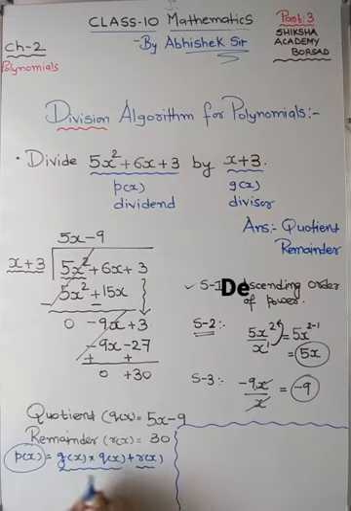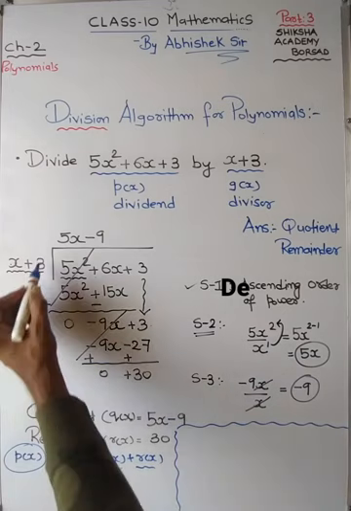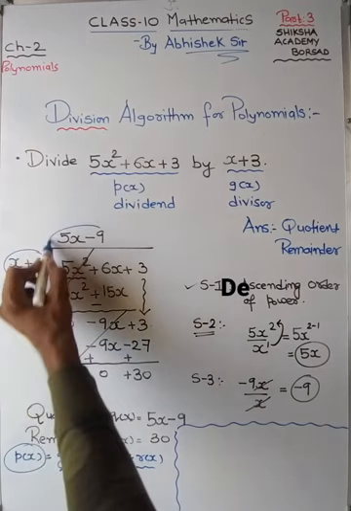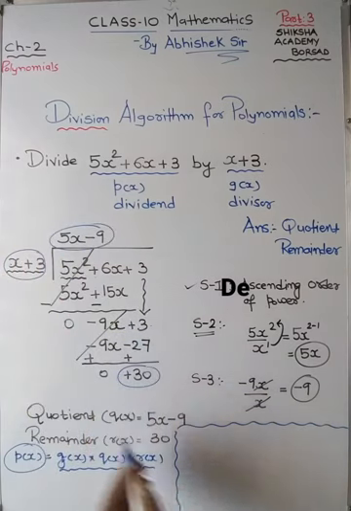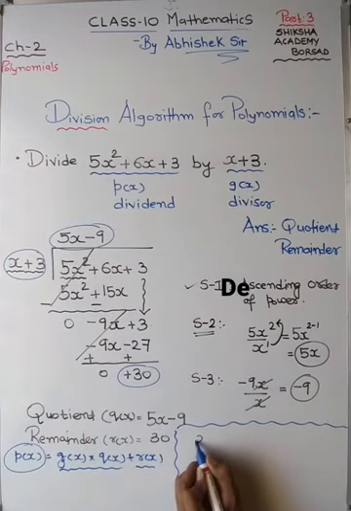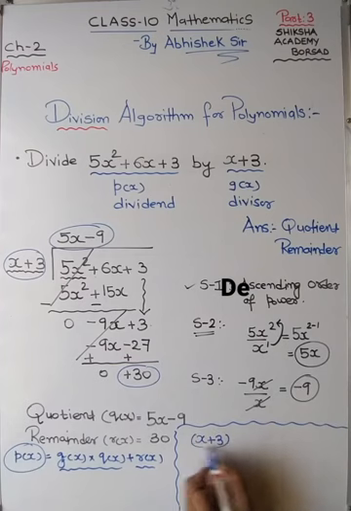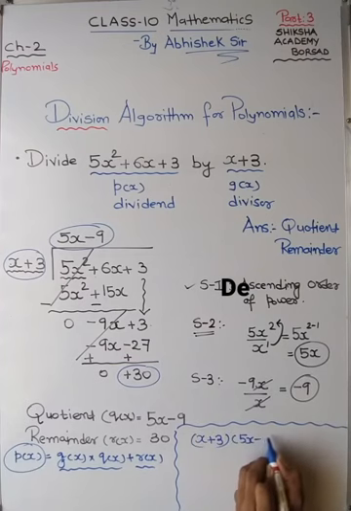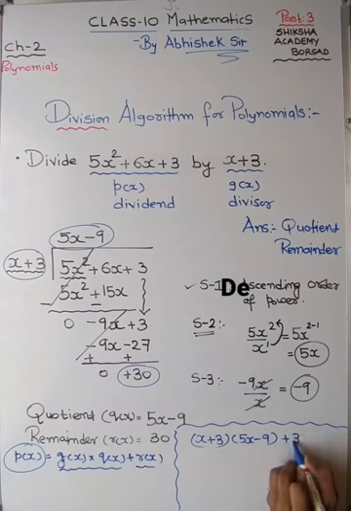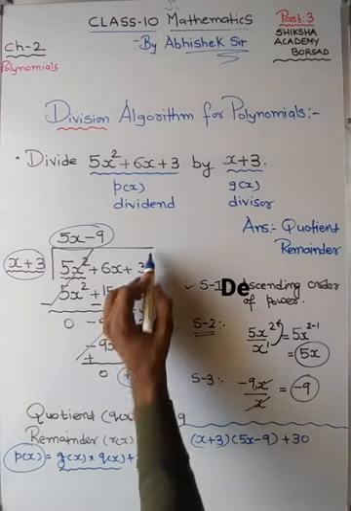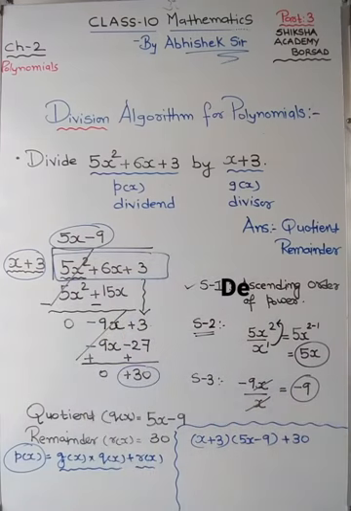So let us multiply g of x into q of x. So we have g of x over here, q of x over here, and finally we'll add plus 30. So it is x plus 3 into 5x minus 9 plus 30. We must get the answer.